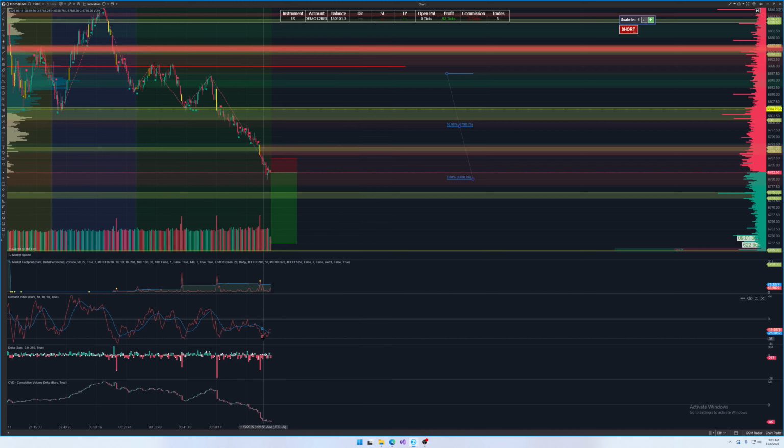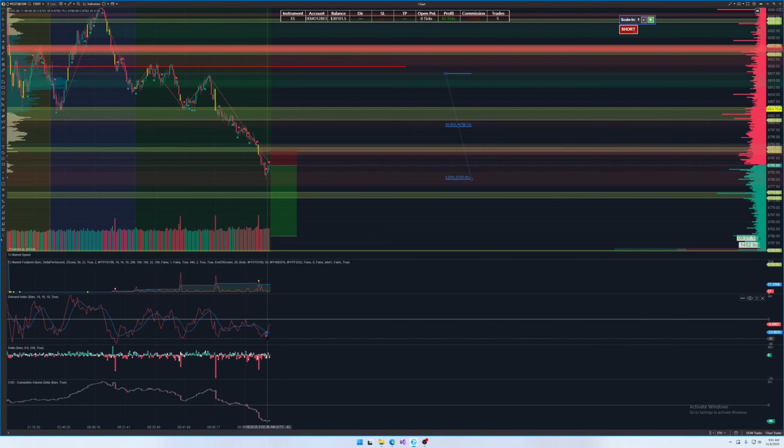So the demand index makes an interesting move now. The price went deeper here, but the demand index didn't go deeper.